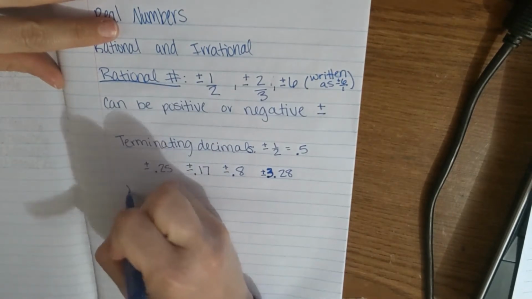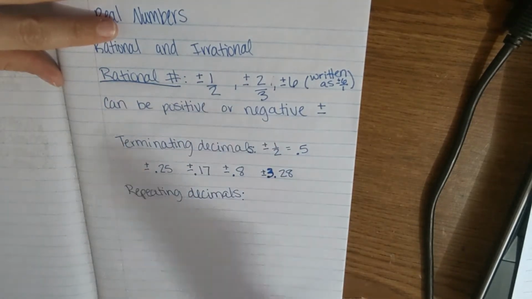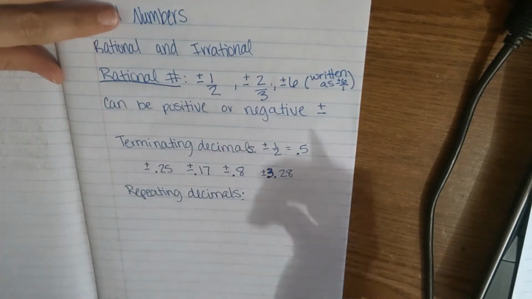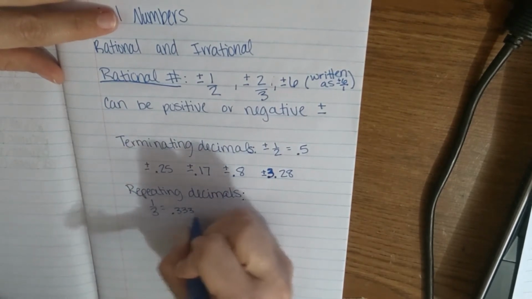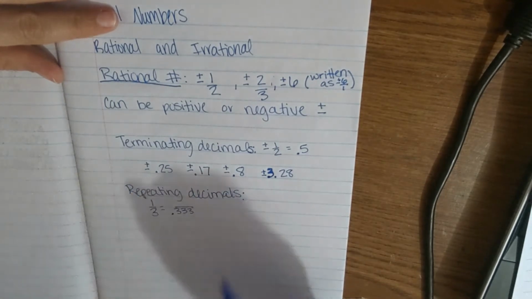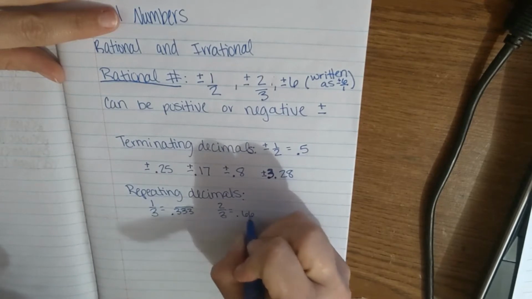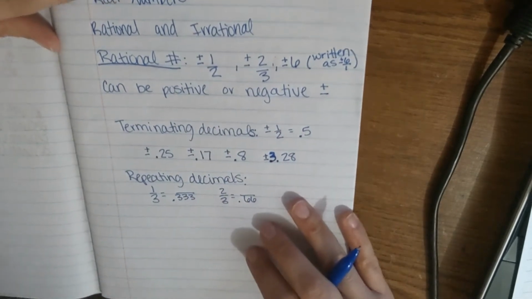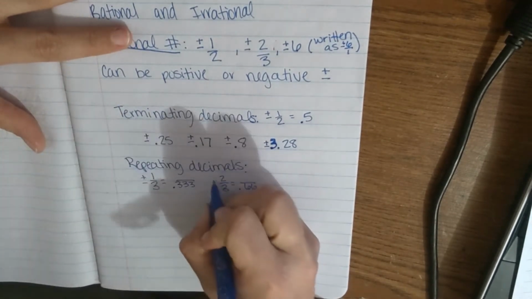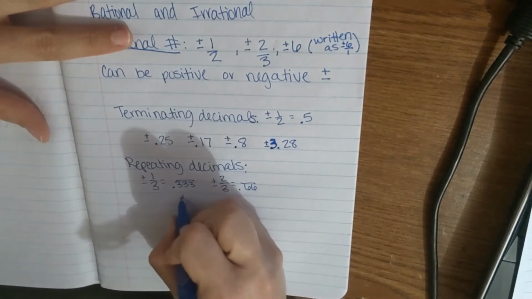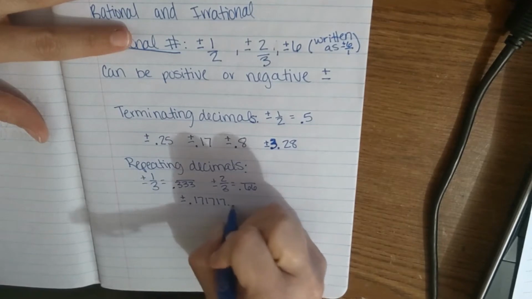There's also repeating decimals. Those are numbers that just keep on repeating. Some of the more famous ones are 1/3, which is 0.333, and so on, and then 2/3, which is 0.66 repeating, and it keeps going on and on. Those are positive or negative as well. Other ones could be 0.171717.